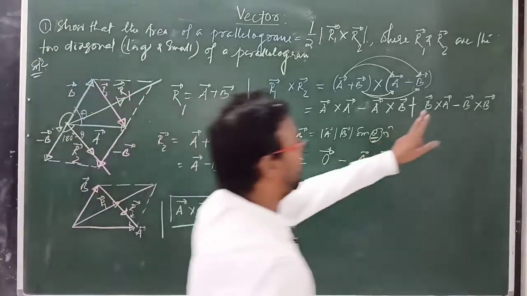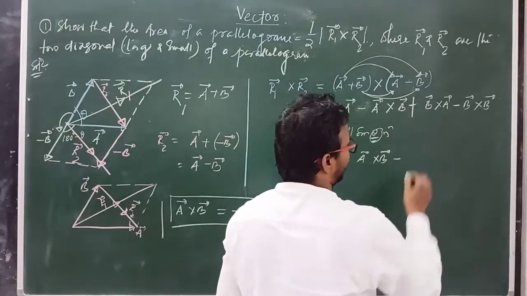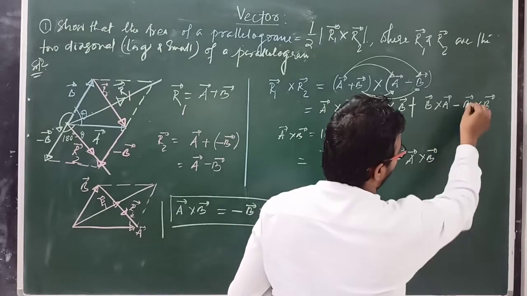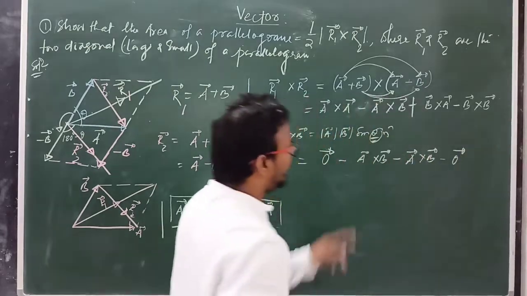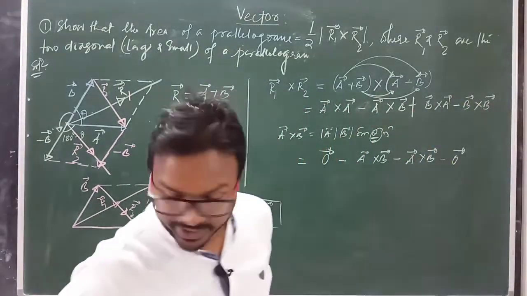Clear? So B cross A we can write as A cross B, but we have to place a negative sign. So A cross B vector, and here B cross B is 0 vector. A cross A is 0 vector. Similarly B cross B is also 0 vector.